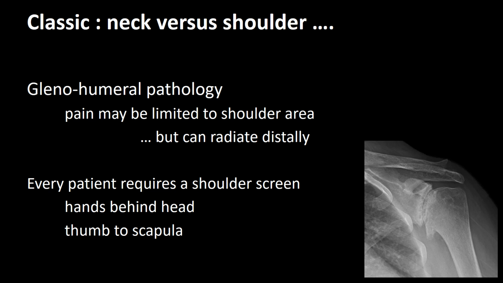Glenohumeral pathology may be limited to the shoulder itself, but can also radiate down towards the elbow. And every patient presenting with cervical pathology should at least have a shoulder screen. This can be done in seconds by asking the patient to place both hands behind the head and thumbs to the scapula, looking for pain and reduced range of motion.